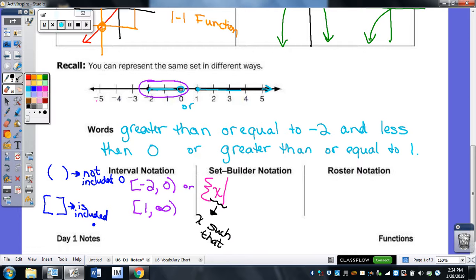So X such that. So this first part, again, it goes from -2 to 0. So I'm going to go -2 is less than or equal to X, which is less than 0. Again, we got the or equal to with that -2 because it's a closed circle. And then we don't have the or equal to with the 0 because that was open. Or X is greater than or equal to 1.